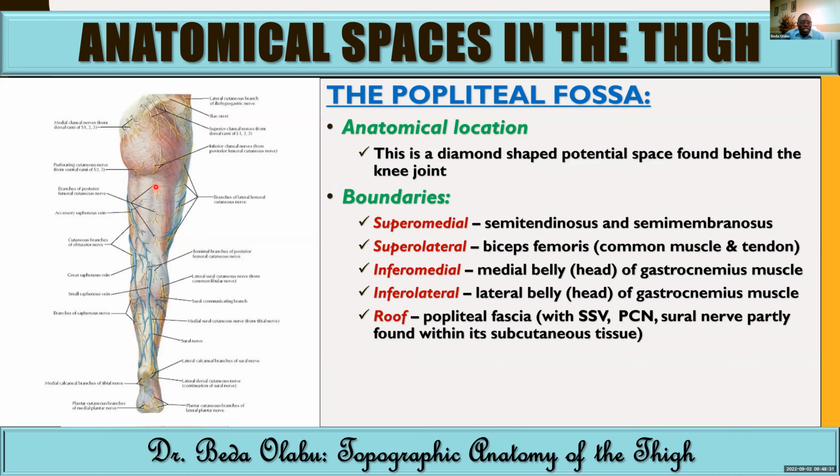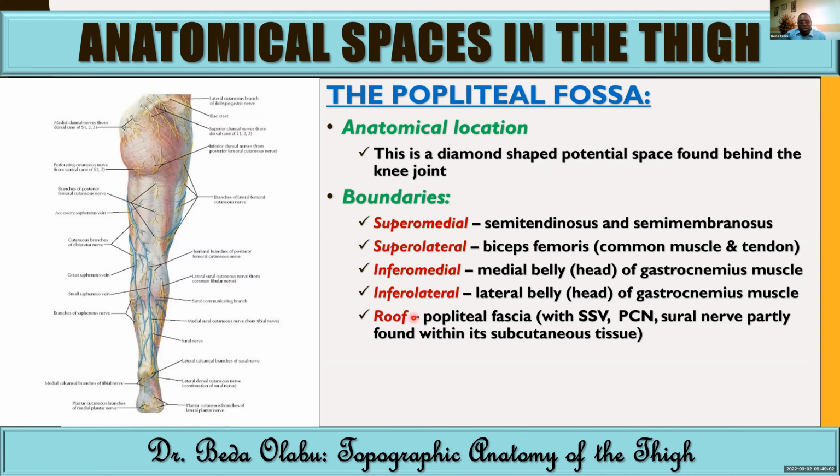The posterior cutaneous nerve of the thigh is a superficial nerve, and its termination is actually over the popliteal fossa. There's also a nerve called the sural nerve, which is partly here. The sural nerve is a cutaneous nerve that branches from the tibial nerve within the popliteal fossa, and it may sometimes also pass through the roof.